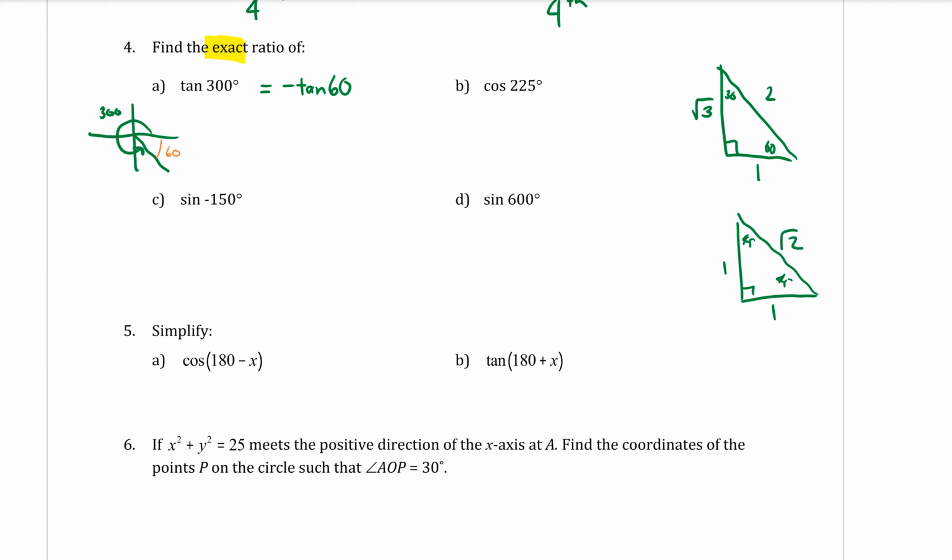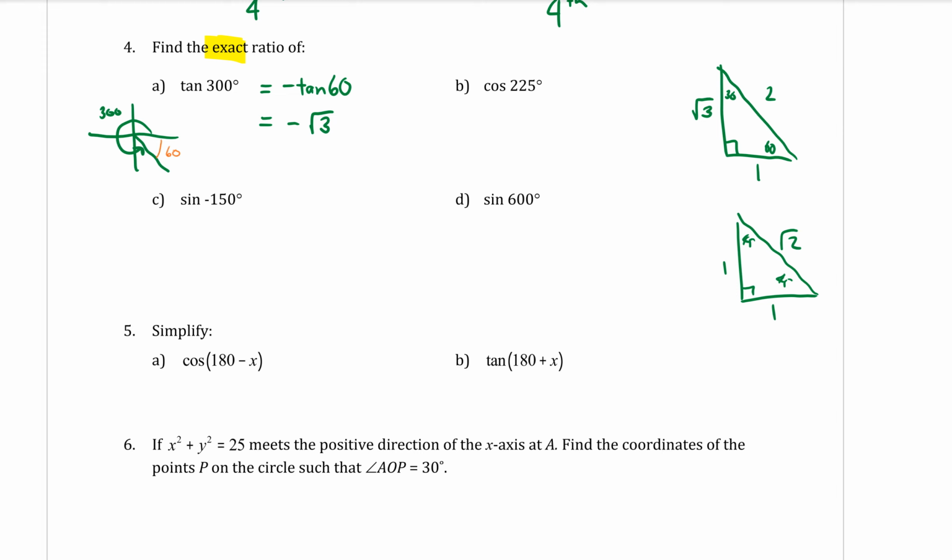So if I want to do tan of 60, tan is opposite over adjacent, so it's root 3 over 1 or just root 3. So when I put that into my equation here, I have a minus sign at the front, and the tan 60 is root 3. That's it. Let's try it again, part B.